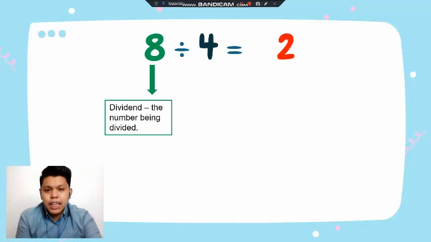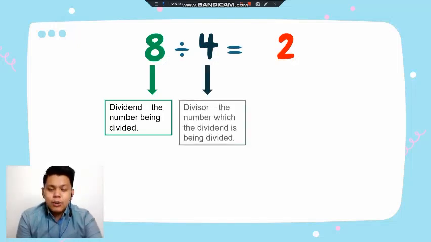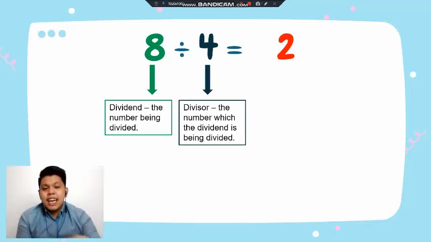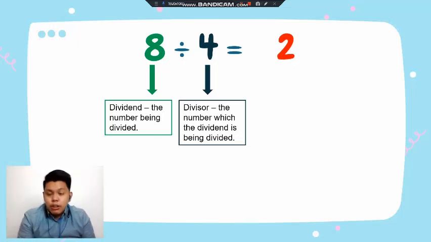The next part is, of course, our division symbol, then what we call the divisor. This is the number by which the dividend is being divided. So if we have 8, you will have to divide it by 4.